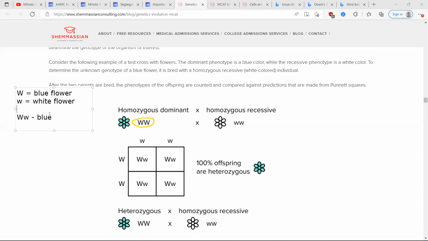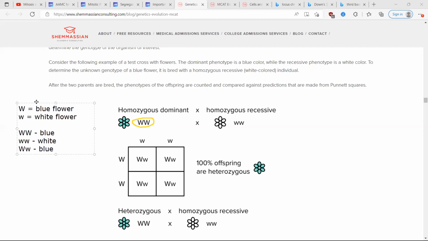So the simpler ones, right? If it's WW, then it can only be blue. If it's ww, it can only be white. And if it's Ww, it will be blue. Okay? So from these rules, we can establish predictions of what will happen to our offspring.